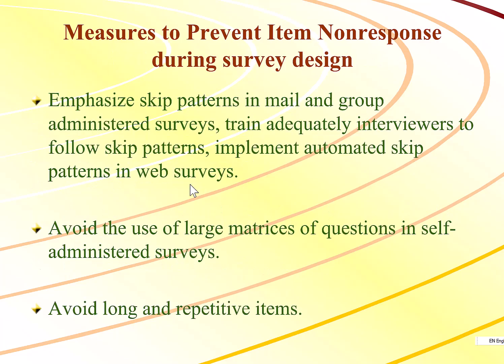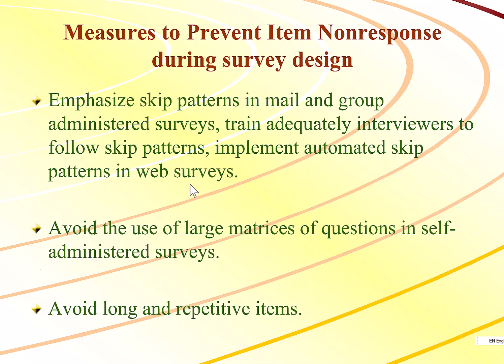Item non-response is when individuals skip items in the survey. This is particularly problematic when it's a source of bias because some individuals systematically skip some questions. If they're skipping some questions for reasons unrelated to the survey, such as the skip pattern is not clear, that's a bit less problematic because the data will be missing completely at random.